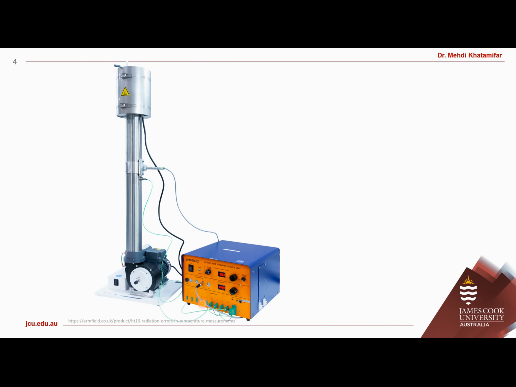We can also adjust the velocity of the fan to have forced convection or natural convection. So we have two main parts. The first part is the controlling system, and the second part is the test section, which includes the main tower with a heating section at the top.